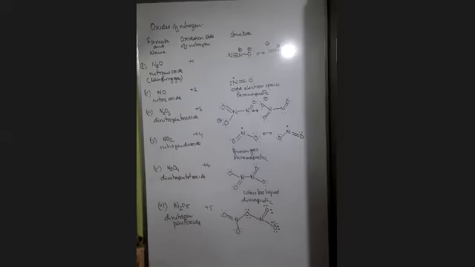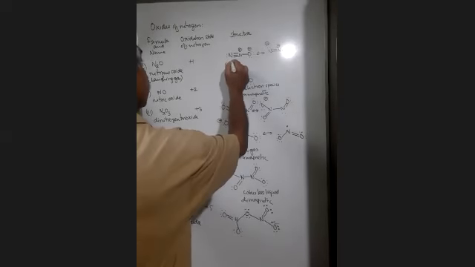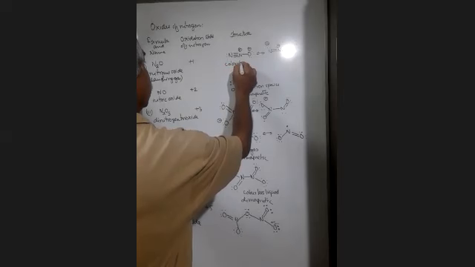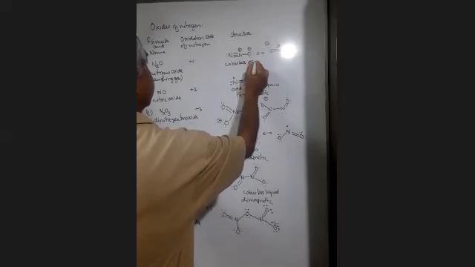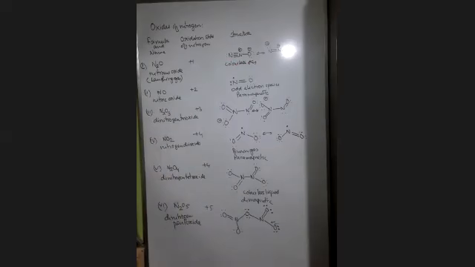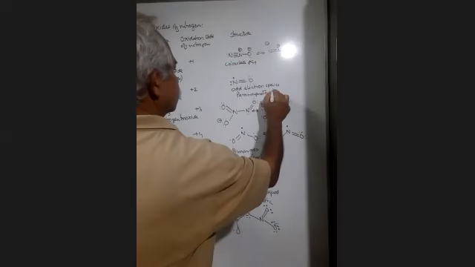So this one again can have a resonance structure. Single bond will be here and double bond will be here. Then that you can draw. This is a white solid. So I'll write now here colorless gas. This is also colorless.